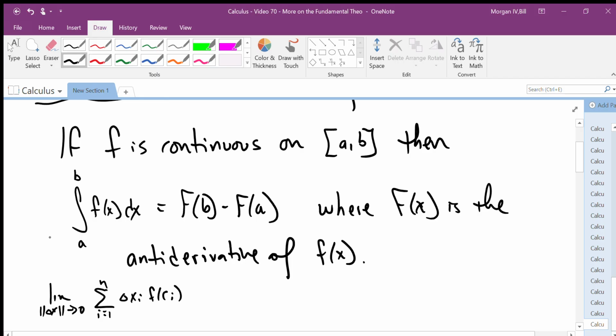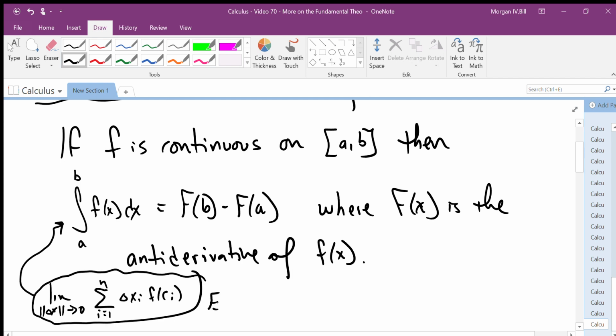We've said that is the same thing as this integral from a to b of f of x dx, which we've now found is capital F of b minus capital F of a. So we're still talking about the area under the curve, but now we're doing exact area under the curve. This is the exact area under the curve. All right.